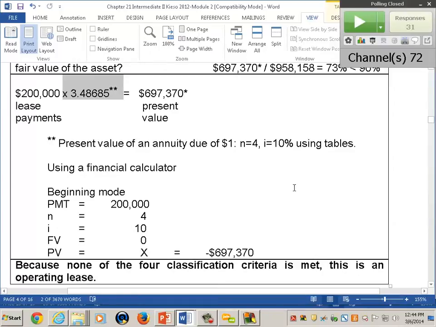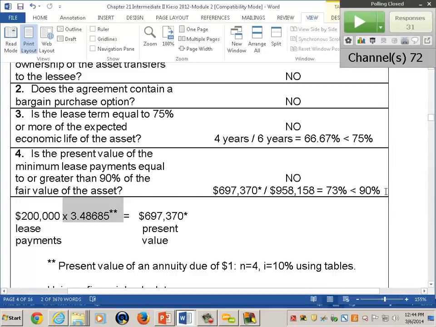The present value of the minimum lease payments is only $697,370. Let me scroll back here. That's only 73% of the fair value of the asset, so you don't pass the 90% test. So under US GAAP, this is an operating lease for both the lessor and the lessee. For IFRS, what do you think? It's probably a capital lease.